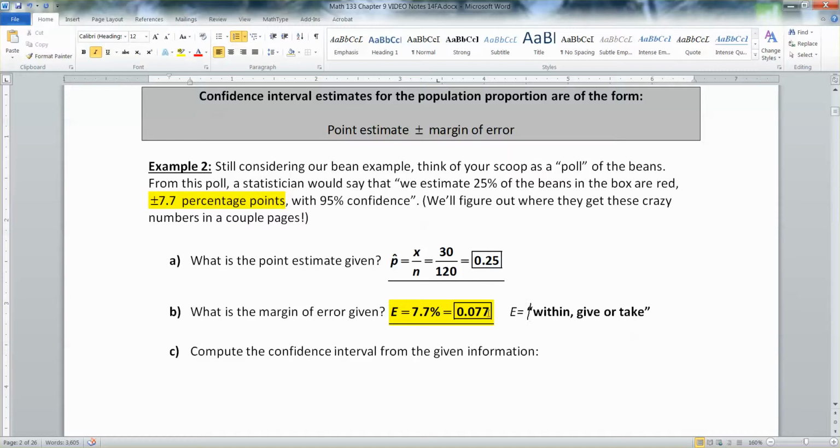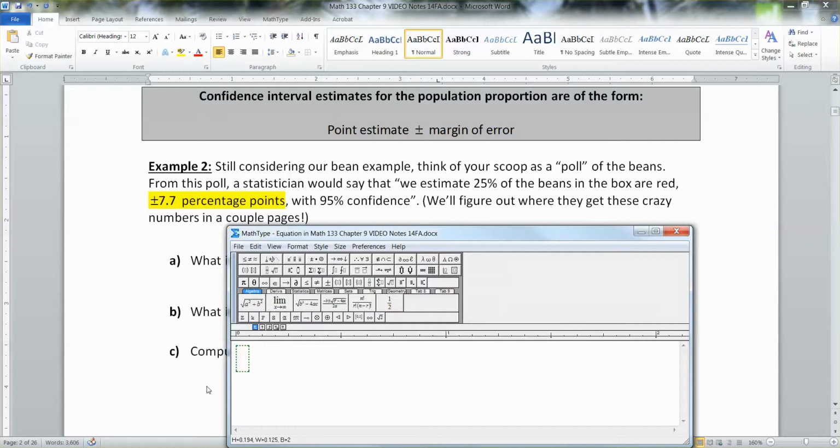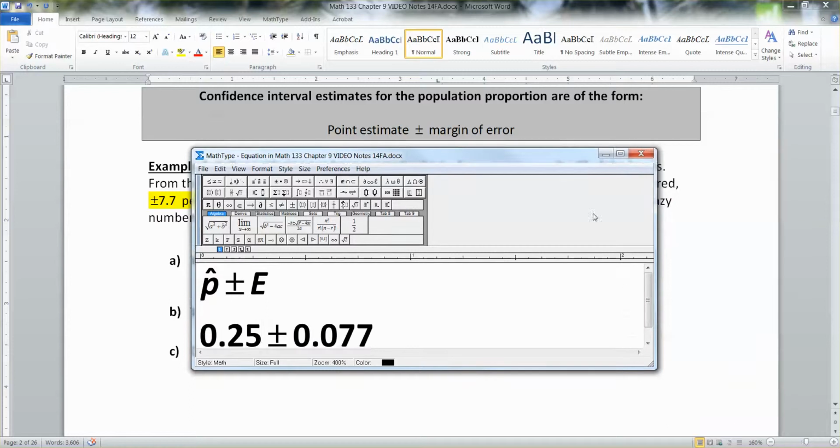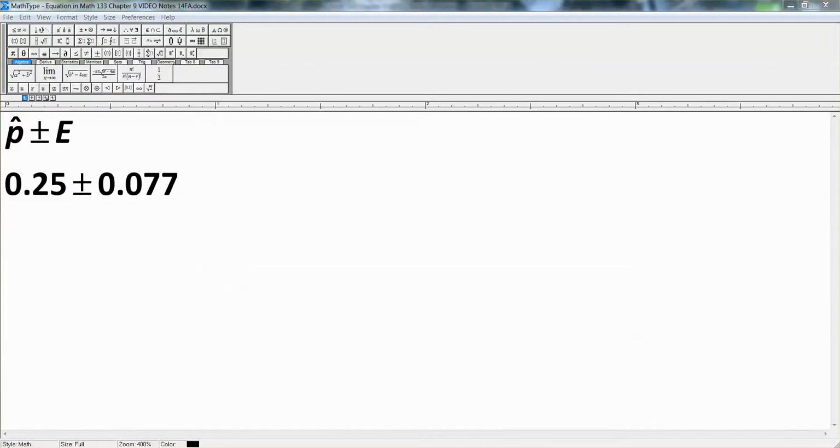All right, so now let's compute the confidence interval from these values. What you do is you take your point estimate, which is p hat, which is 0.25, and you add and subtract away your error. So your confidence interval is p hat plus or minus your error, which is 0.25 plus or minus 0.077. Okay, so now let me go grab a calculator.